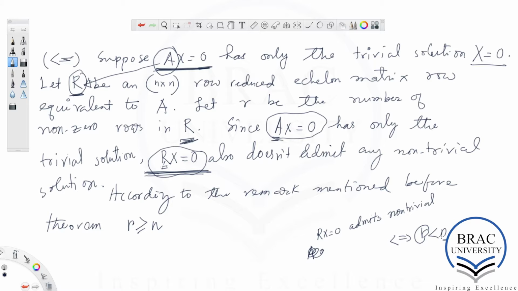But here we have the system admitting only the trivial solution. So r has to be greater than or equal to n, the negation of this statement.